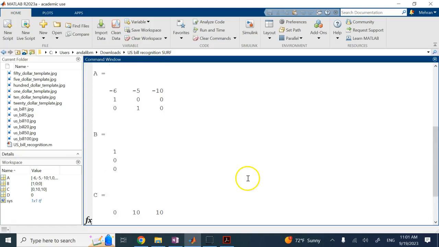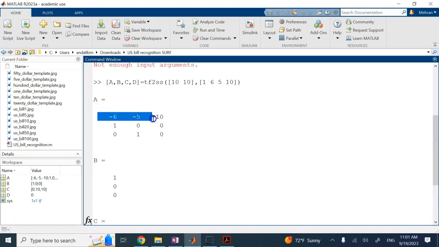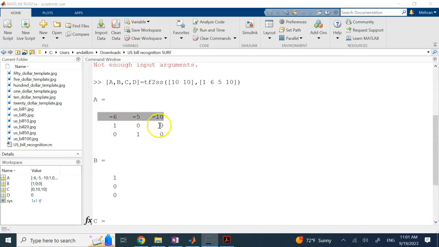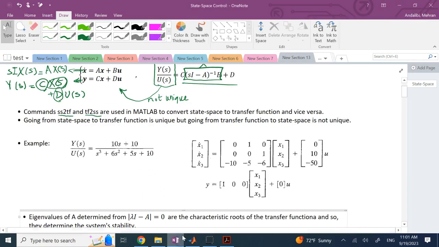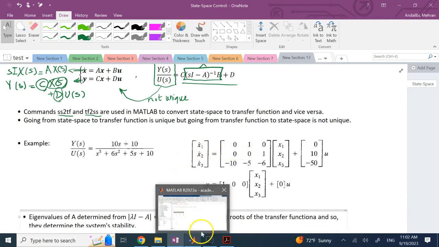And now, look, it says A is negative 5, negative 10, 1, 0, 0, 0, 1, 0. Now, if you look here, this is different. This is kind of like the rows are swapped, basically. That's probably because the order of the variables that you chose in the state vector is opposite of what MATLAB has chosen.